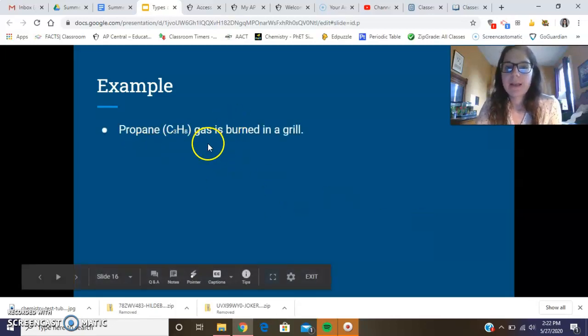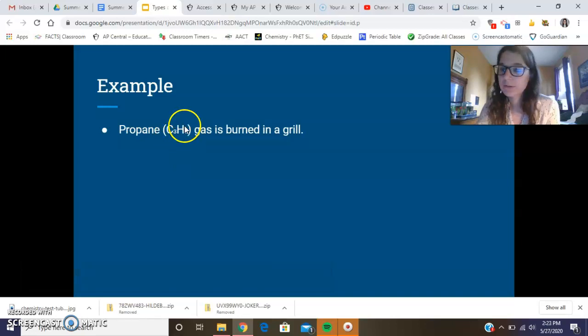So we have propane gas burning in a grill. We have the chemical formula for propane here. If we are burning it, that means it's a combustion reaction. So even though we don't say that oxygen gas is being added, we know it's added because it's being burned. That is a combustion reaction. O2 is always a reactant.